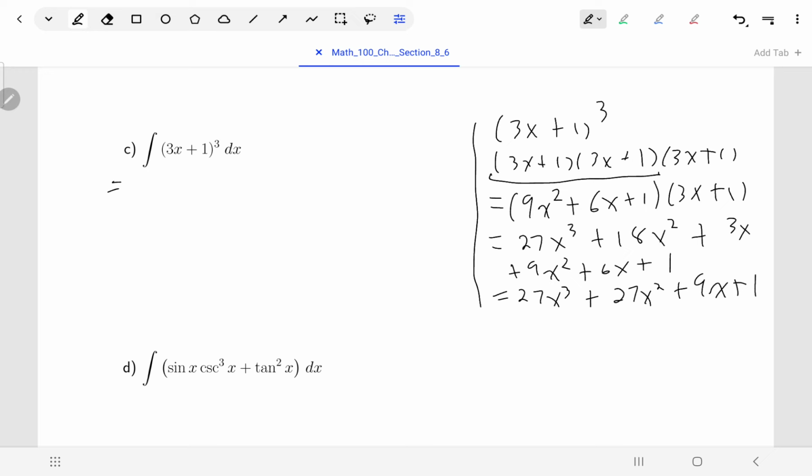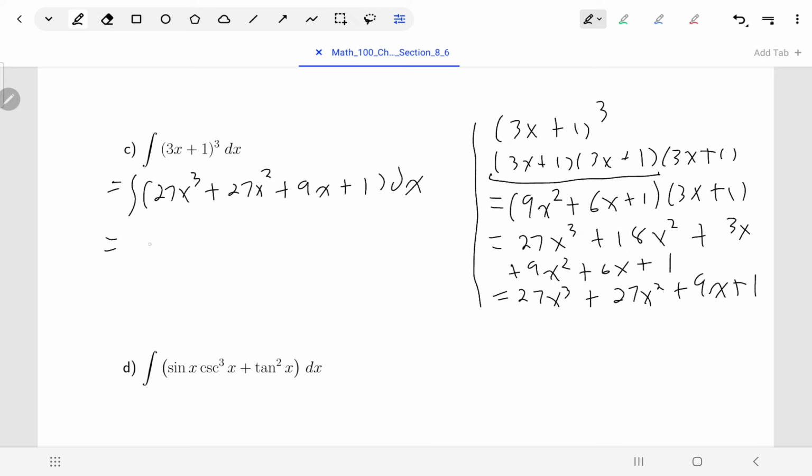So I did all that multiplying on the side, and now I'm ready to actually tackle the real problem, which is what's the indefinite integral of that? So my 3x plus 1 cubed, the indefinite integral of that is the same as the indefinite integral of that big polynomial, 27x cubed, 27x squared, 9x, and 1.